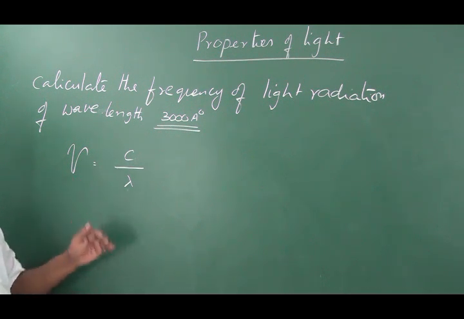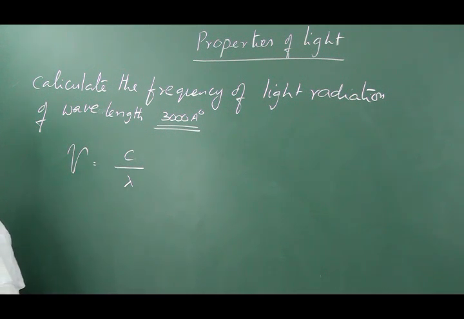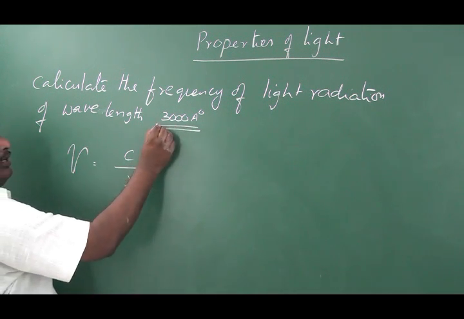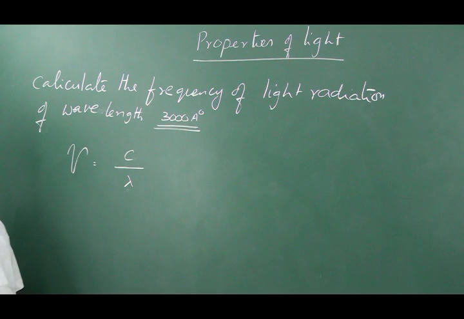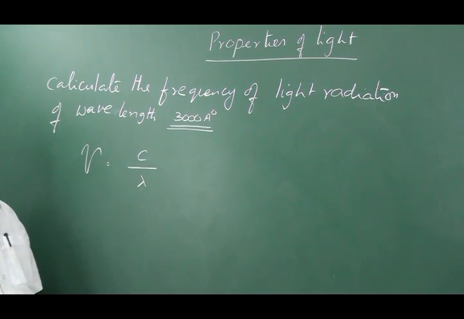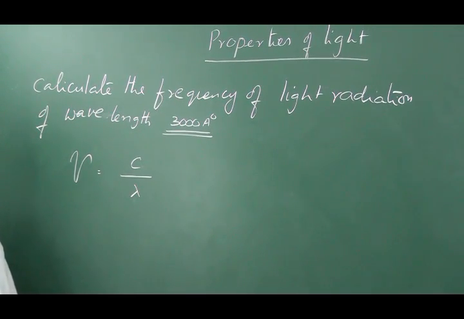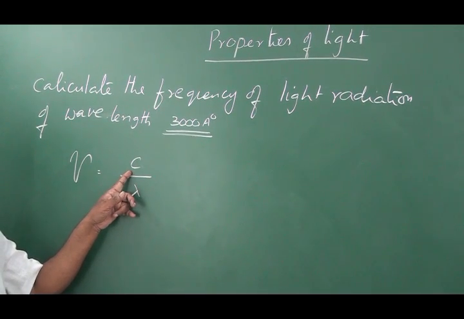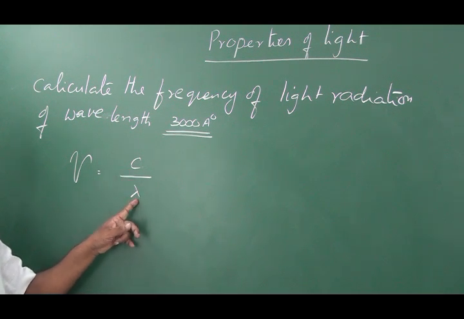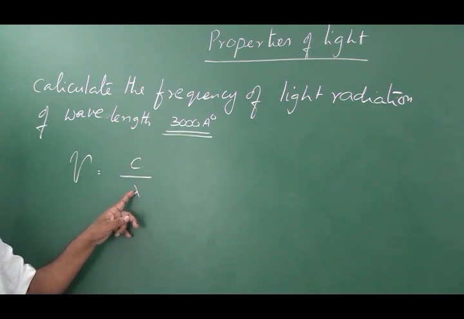We should take the same units for wavelength and velocity. Generally, we express wavelength in angstrom units or nanometers, so first we have to convert it into centimeters or meters. If you take velocity in meters, convert lambda into meters; if velocity is in centimeters, lambda must also be in centimeters.